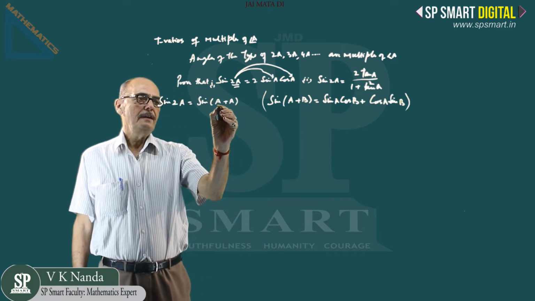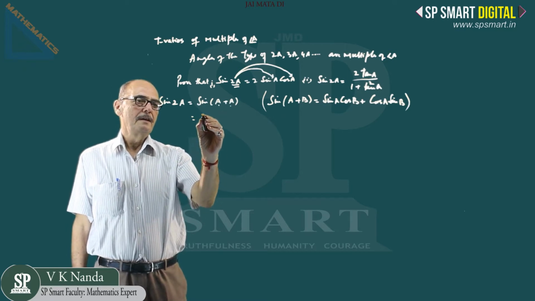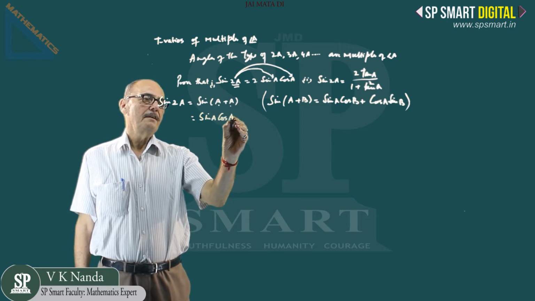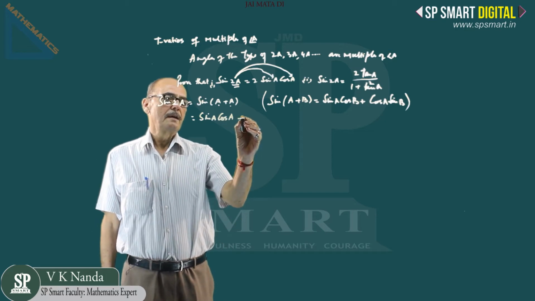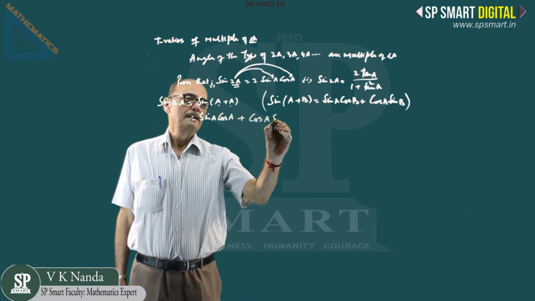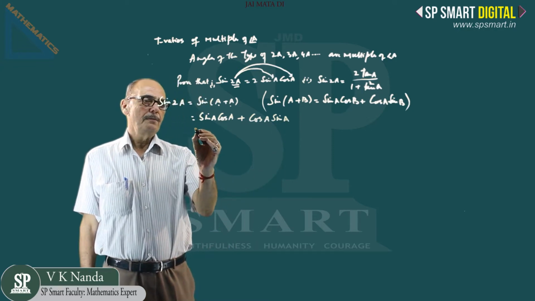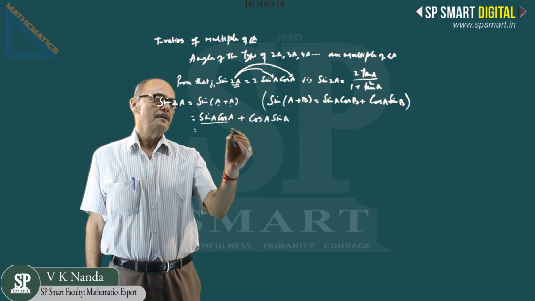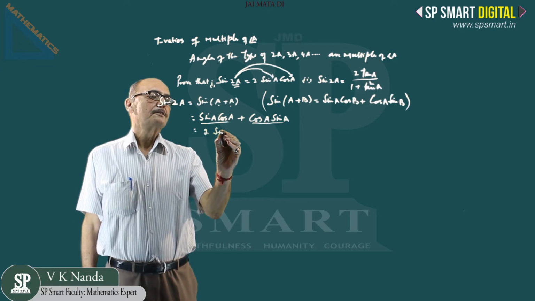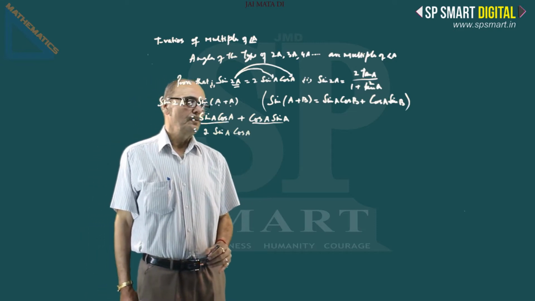Here the first angle is A, second angle is also A. So, we shall write it as sin of the first angle A, cos of the second angle A, plus cos of the first angle A and sin of the second angle A. If you observe, this term is same as this, so we can write this as twice sin of A cos of A.